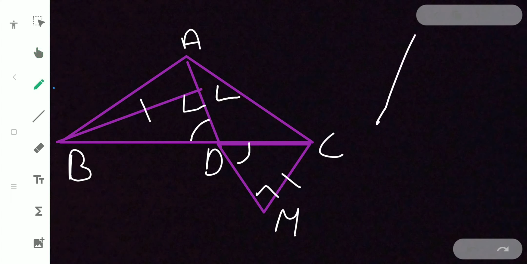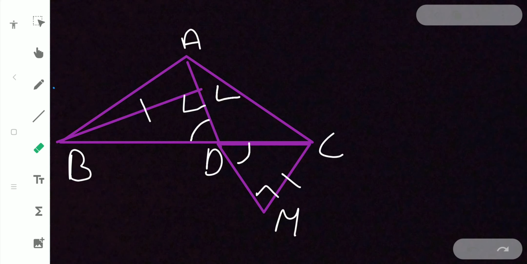As I have said, when two lines are drawn intersecting each other, we can form a whole circle of 360 degrees, where this angle will be equal to this angle and this angle will be equal to this angle. Those are called vertically opposite angles.